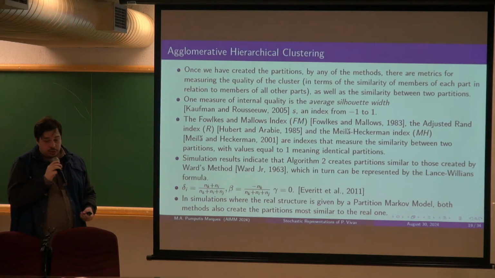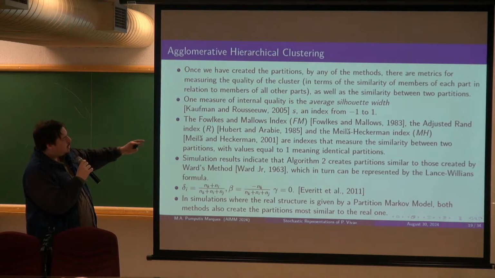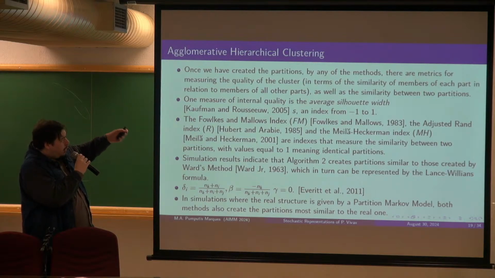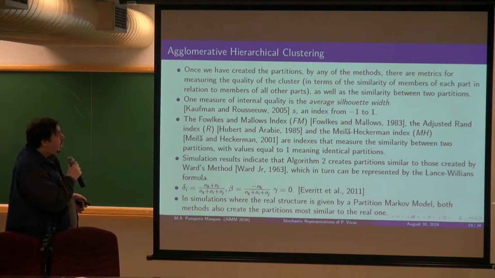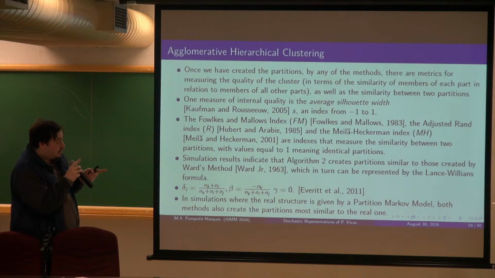We also have measures that simply measure the similarity between two clusterings. Not clusters, clusterings, right? Two algorithms, it measures the similarity of the clusters created by the algorithms. And so we have 3 here, the Fowlkes-Mallows index, the adjusted Rand index, and the Meilă-Heckerman index. The Fowlkes-Mallows index is very useful for simulation studies because it's possible to break it into separate cases, and this is very interesting for simulated data.